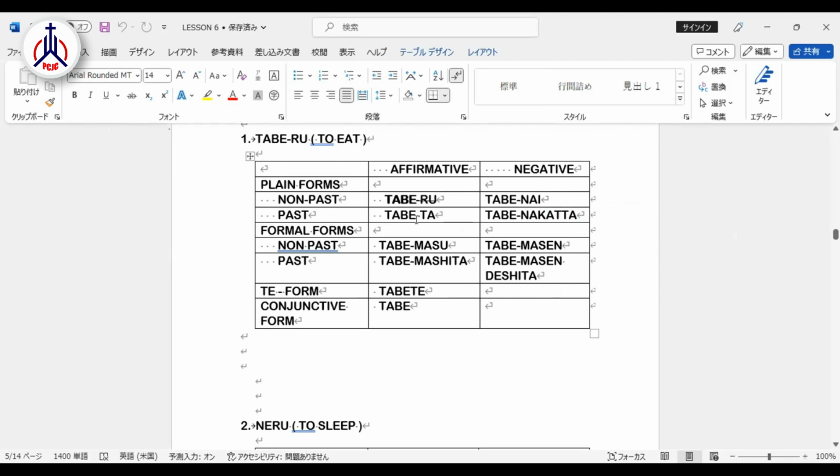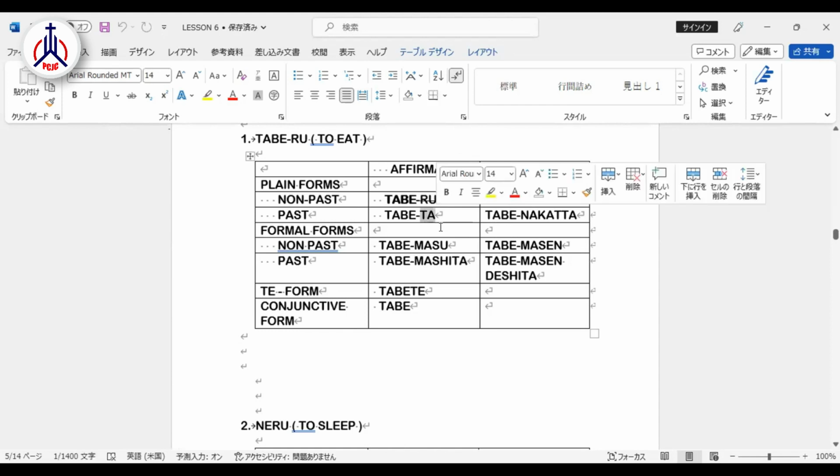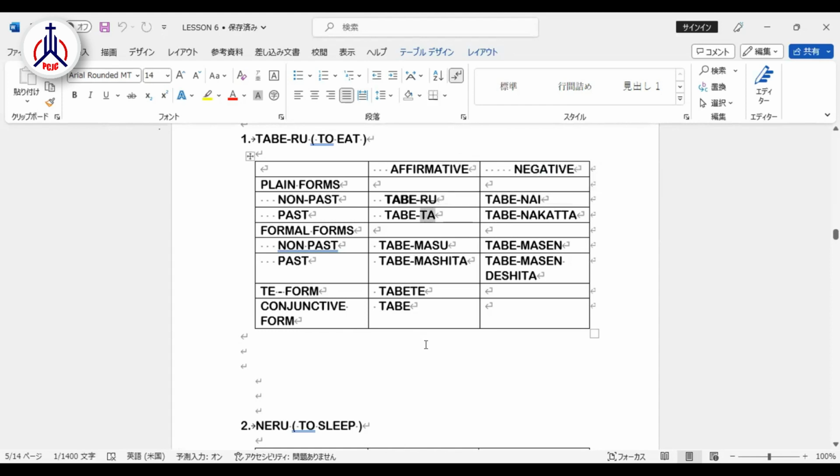So I hope you already understand this. Just drop the ru and then add nai, nakatta, or ta. The ta is very easy because you just add ta to make it a past form.